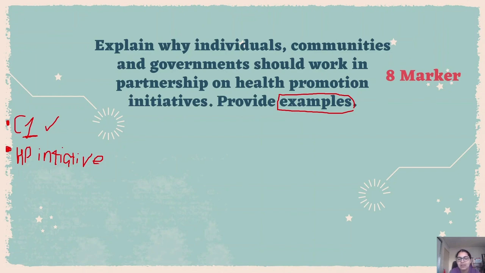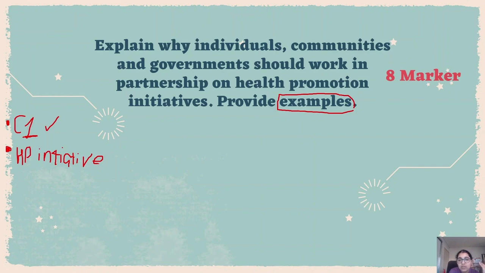So if you said that, yep, they should work together, and if you said something along the lines of the fact that they allow for the greater sharing of resources, the greater understanding of needs and resources that people actually need in Australia to improve the Australian health outcome and to increase the capacity to improve Australia's health, you will be absolutely correct. That is exactly why these three levels of community are working together.